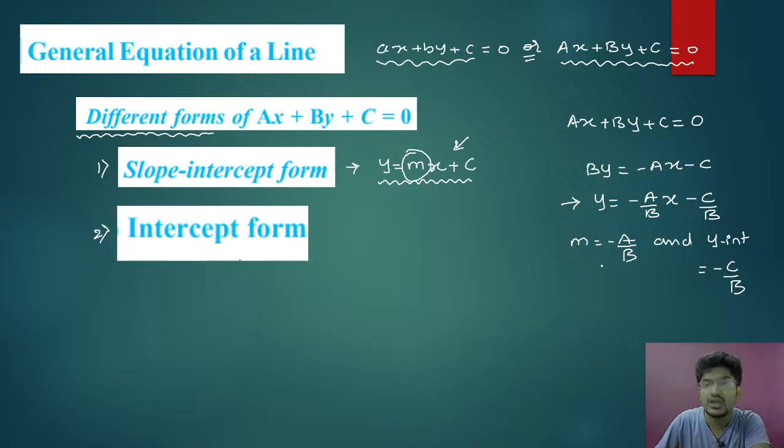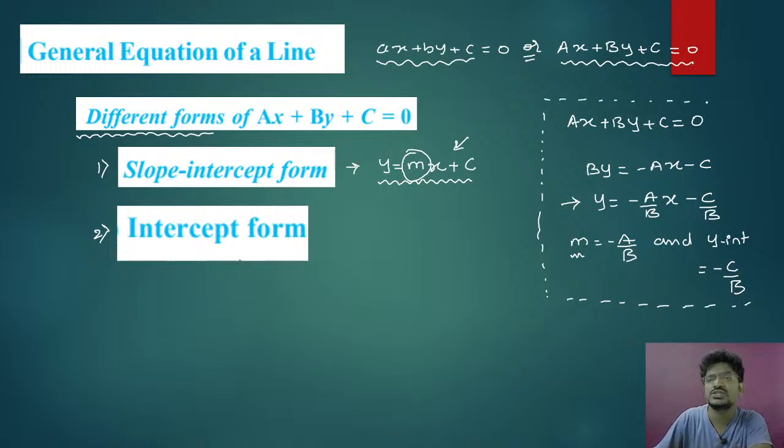So therefore, m will be equal to minus a by b, and y-intercept is going to be equal to minus c by b. Okay, so this is your required slope-intercept form.